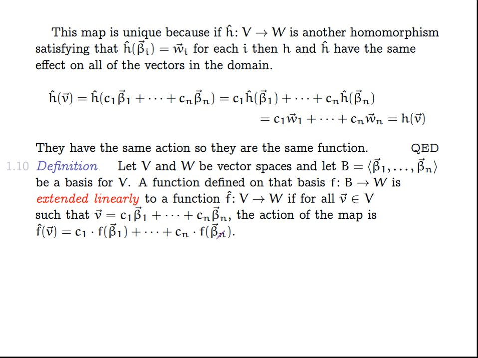In other words, you're just applying here the definition up here, that if you have the function f defined on the basis vectors, there's a unique linear extension to all of the vectors in V, and it's defined in this way.